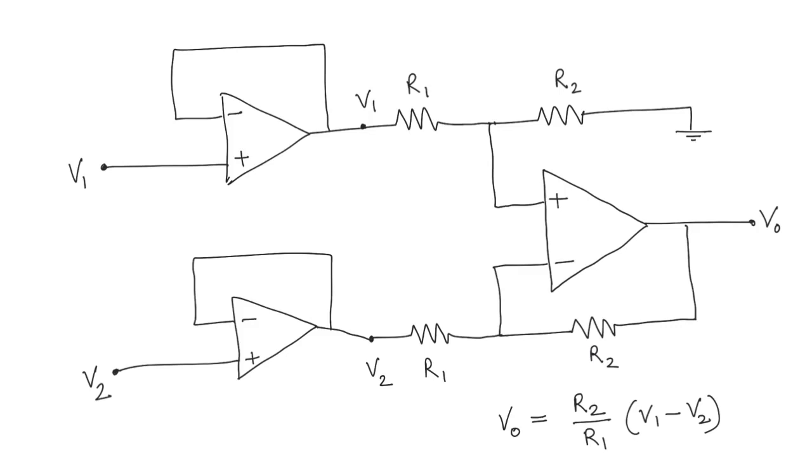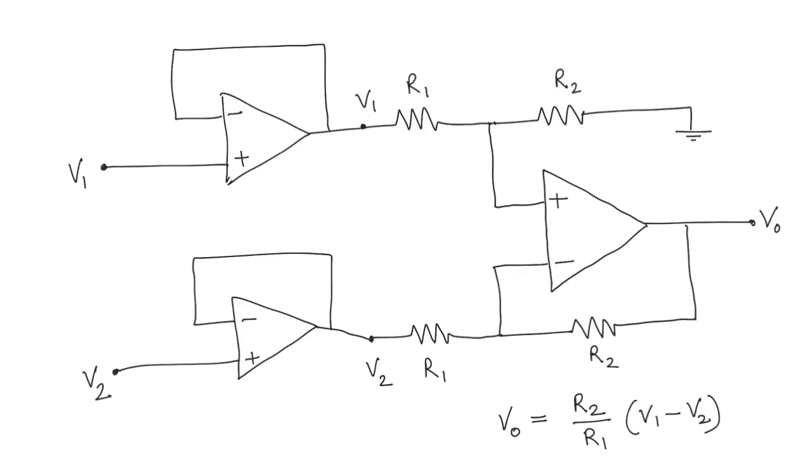So what happens is V1 and V2 now see an infinite impedance here, so no current flows from V1 and V2, and therefore they are not loaded. And if the op amp is able to supply enough current to the differential amplifier, the circuit works without distorting V1 and V2.